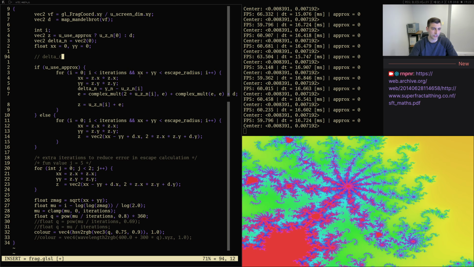delta n plus 1, which is equal to 2 Zn delta n, plus delta n squared, plus delta 0. Now, delta 0 is actually this.